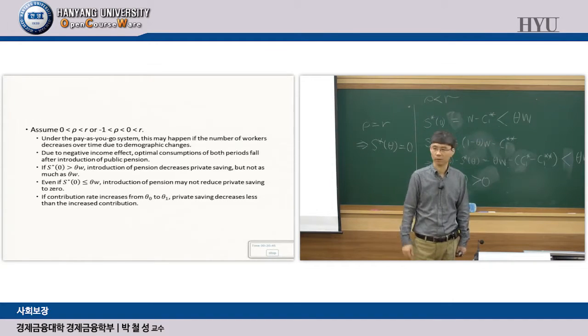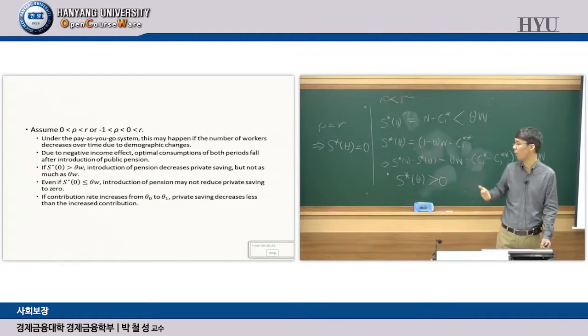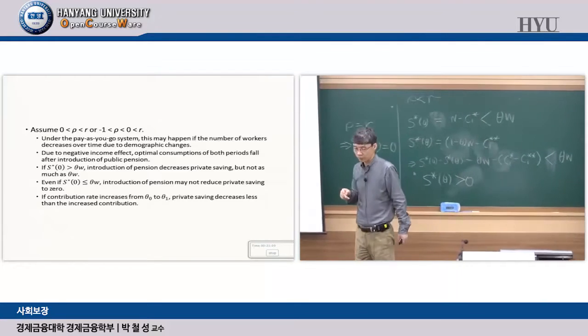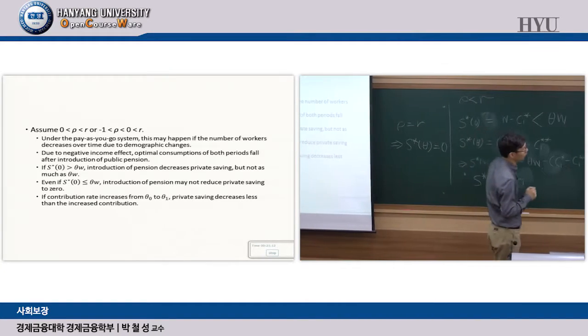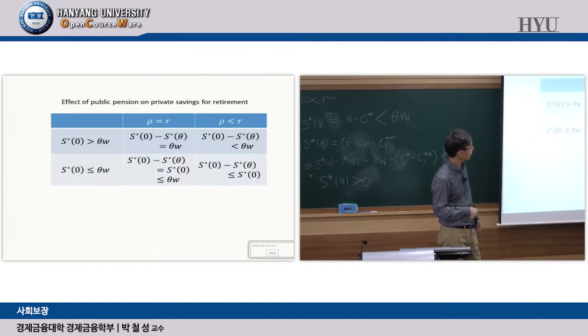If rho equals R and all the individuals are savers, meaning that they save more privately than what's required from the pension, then there is no effect on the economy. If rho is smaller than R, or if some of the individuals are spenders, we expect the total savings will increase.